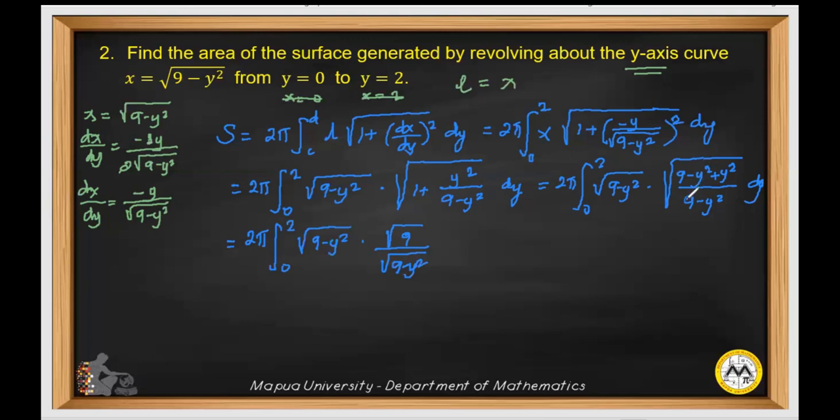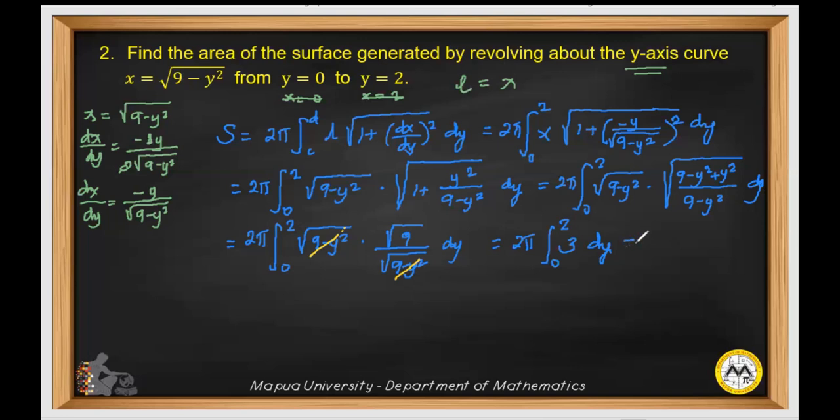Take note that we use here the property of radicals. We can express the square root of 9 over 9 minus y squared as the square root of 9 over the square root of 9 minus y squared, dy, such that we can now do a cancellation. We can cancel this, and this will simply give us 2 pi integral from 0 to 2. The square root of 9 is 3, times the differential of y.